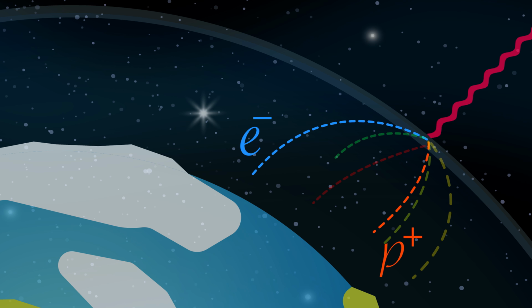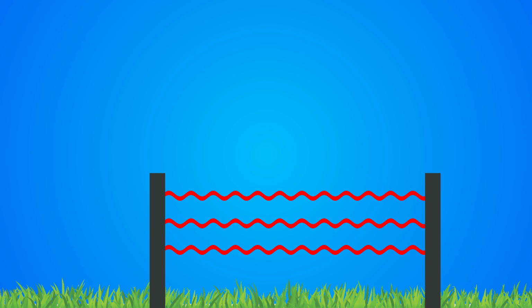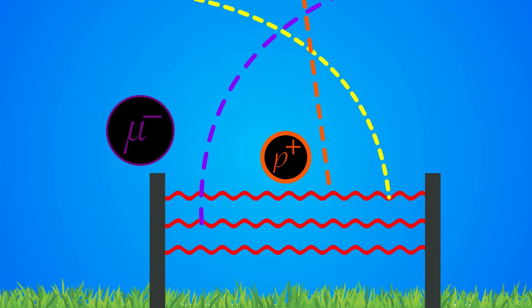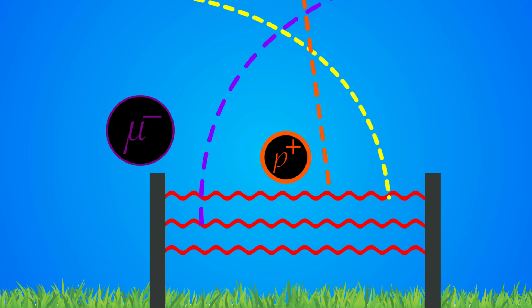We can detect them because we have detectors on Earth's surface. One of these particles that we detect is called a muon. Detecting a muon is fascinating because in theory, we shouldn't be able to. Why?